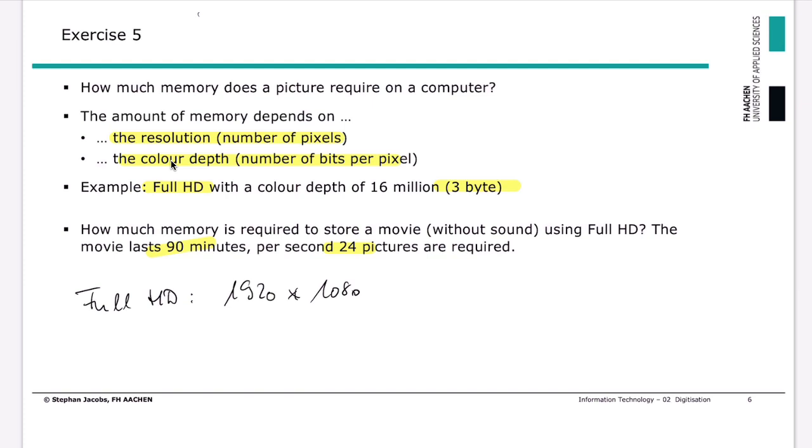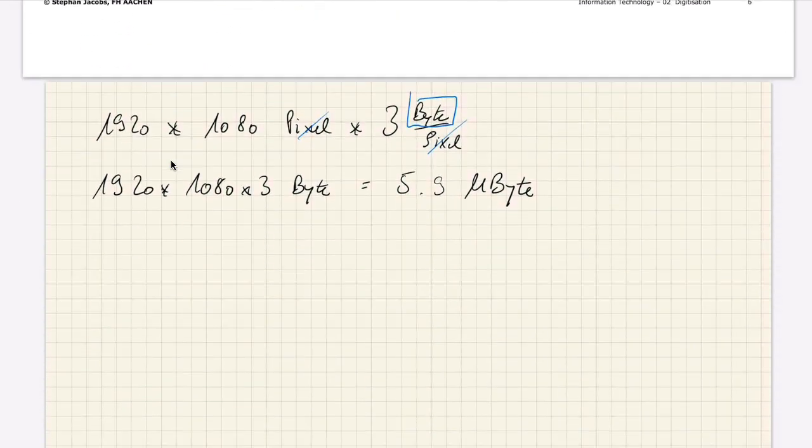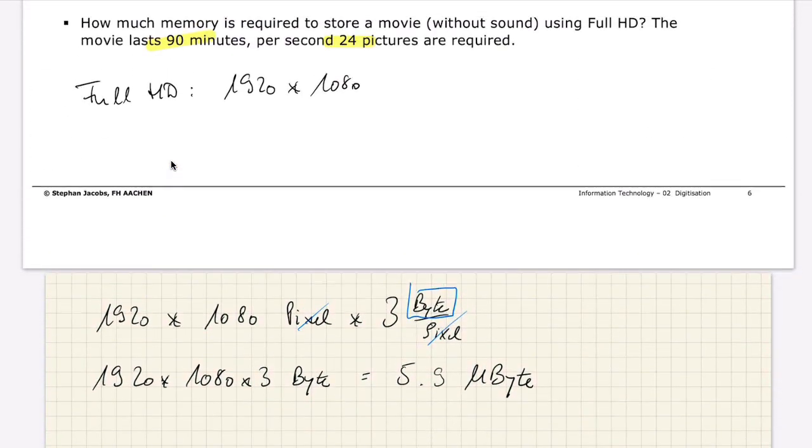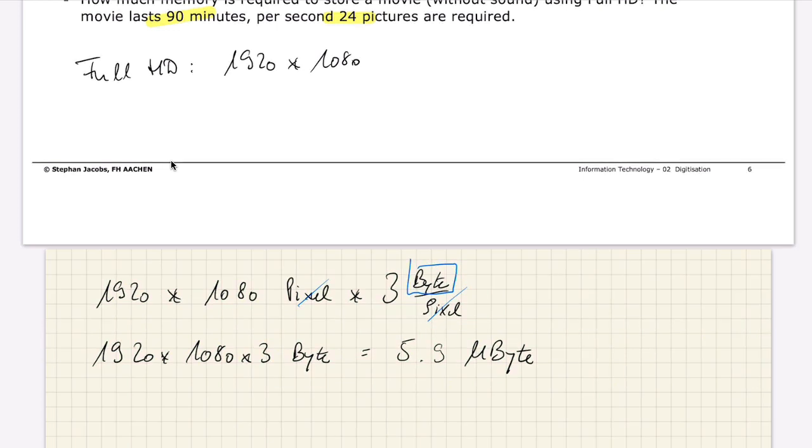So 24 frames or pictures per second. So how can we now do this calculation? We do have these again, 1920 times 1080 pixel per picture or per frame times 3 byte per pixel.